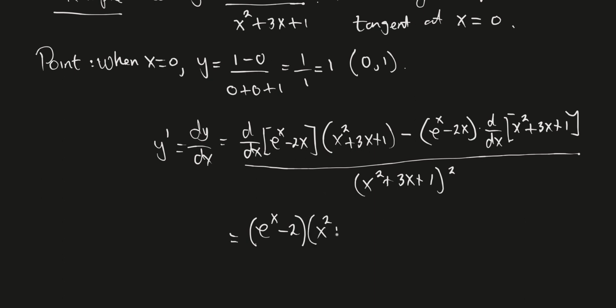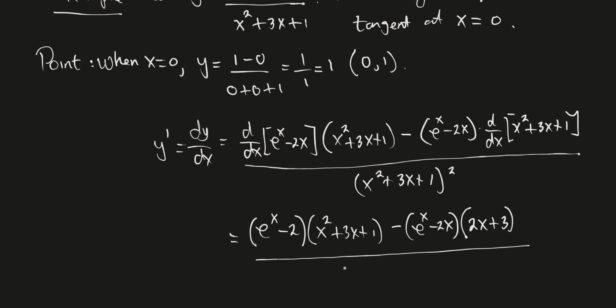So we have x squared plus 3x plus 1. And then minus the top, which is your e to the x minus 2x. And then the derivative of the bottom, or the denominator, is another quantity, 2x plus 3. And again, this is all over the quantity x squared plus 3x plus 1, squared.